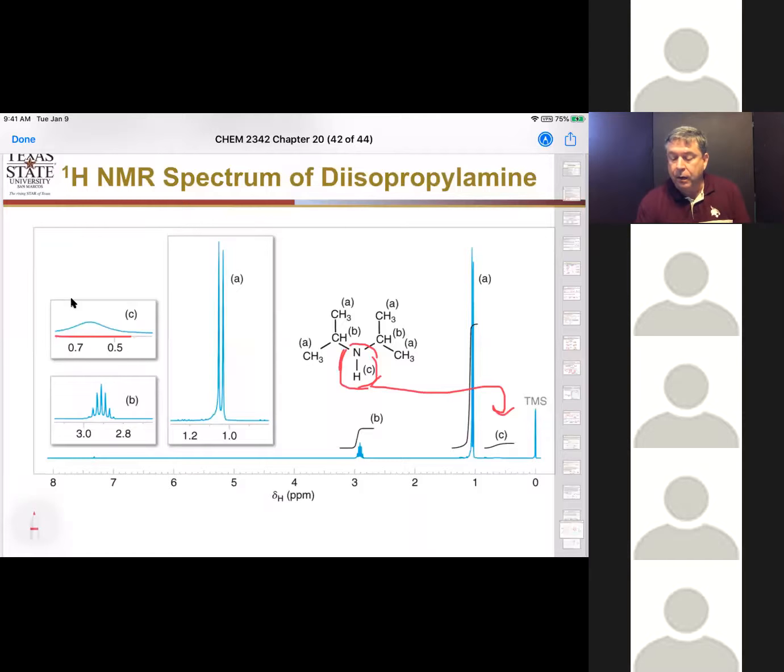Okay. Our B hydrogens, which are the ones here in the middle, are only split by the 6 hydrogens that are non-equivalent to it in adjacent carbons 3 bonds away. Therefore, we get our septet. And these are only split by our B, so that's getting a doublet here. Again, you do not split through a nitrogen or an oxygen in proton NMR. I think that might be my last slide, actually.